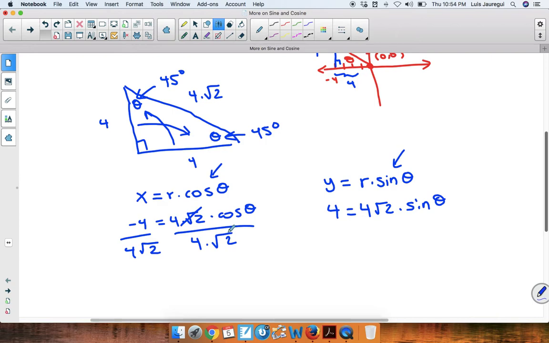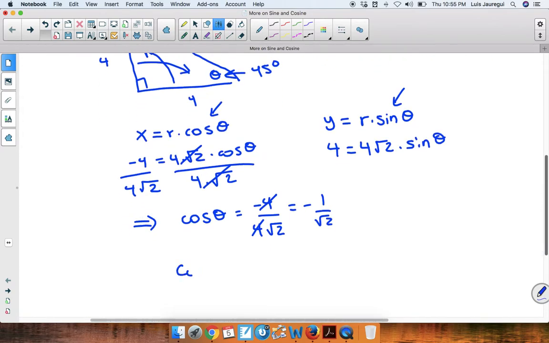Now, this cancels, and that leaves you with cosine of theta being equal to -4 over 4 square root of 2. Obviously, we can cancel the 4's, and that leaves you with -1 over the square root of 2. So we can say cosine of theta is equal to -1 over square root of 2.